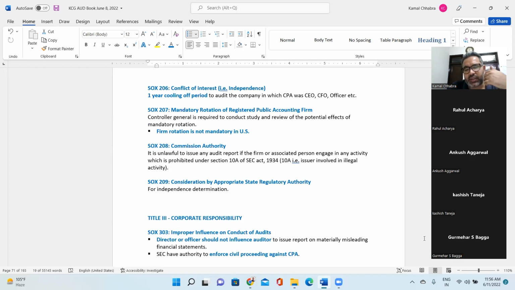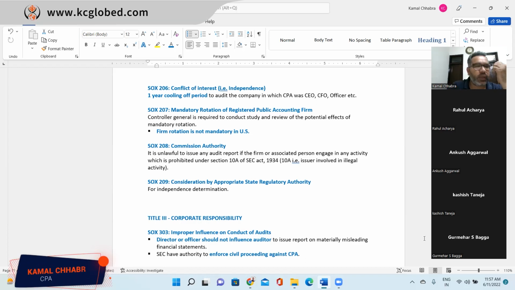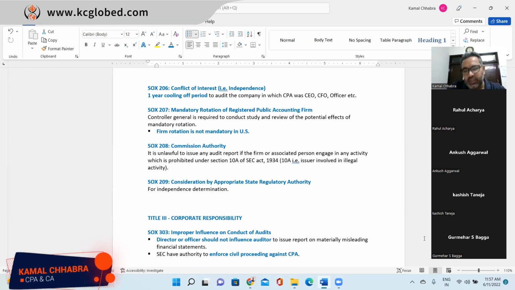So in this immediate year, he cannot do the audit of Tesla, right? There is a 1 year cooling off period. If any CEO, CFO or officer of any company joins the CPA firm, that CPA firm cannot conduct the audit of that particular client in that immediate year. So there is at least 1 year of mandatory cooling off period, right?